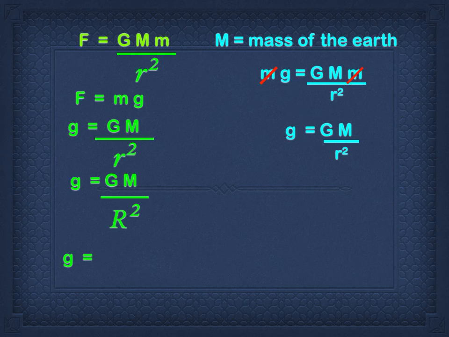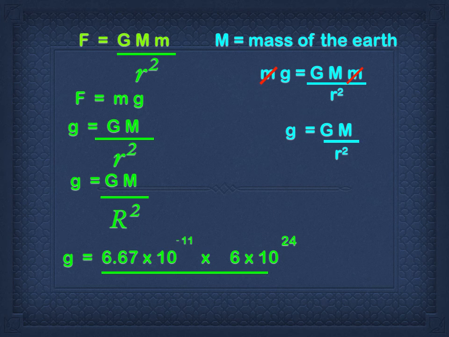Now we know that the value of G is 6.67 multiplied by 10 raised to minus 11. M value is 6 multiplied by 10 raised to 24 upon the value of R, that is the radius of the earth, which is 6.4 multiplied by 10 raised to 6 the whole square.